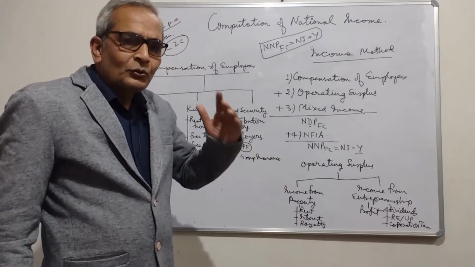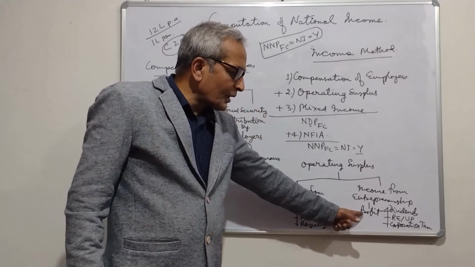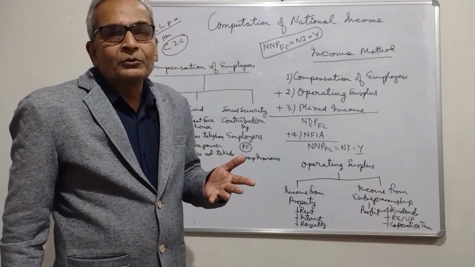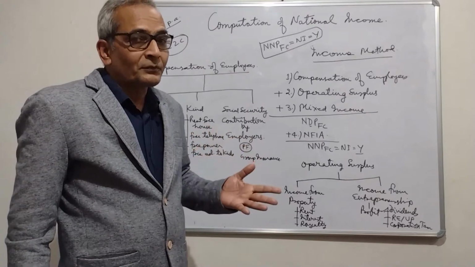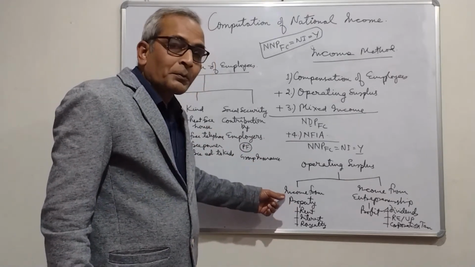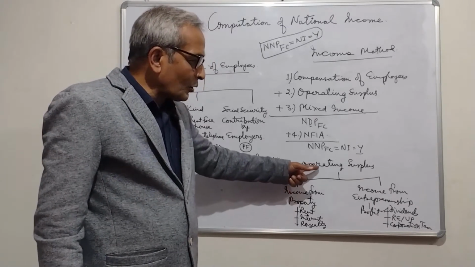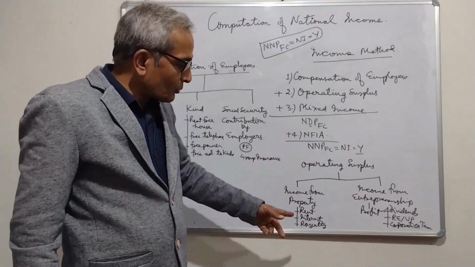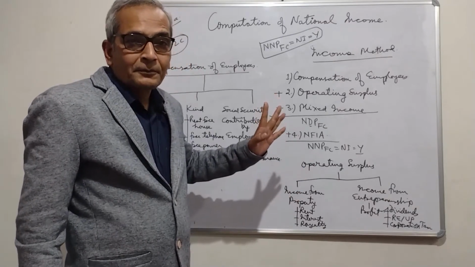Right? So you have to be very clear. If profit is also there and dividend is also there, you are not required to take into account dividend because dividend is part of profit. If rent is given and income from property is also given, or rent is given and operating surplus is also given, then you are not supposed to take into account rent because rent is part of operating surplus.